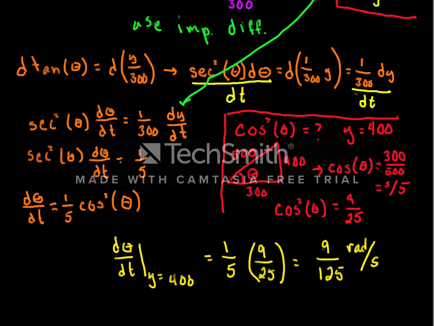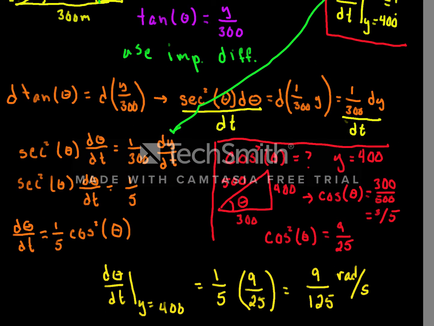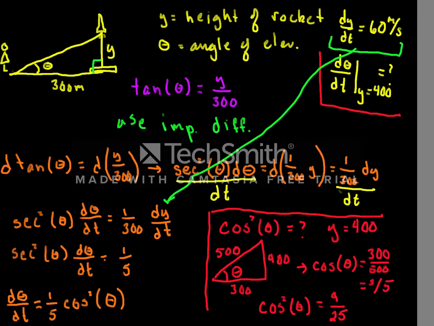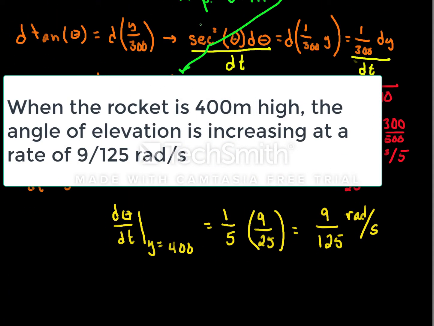And we would write this out, addressing the question, that the rate of change of the angle between the ground and the observer when the rocket is 400 meters high is 9/125 radians per second.